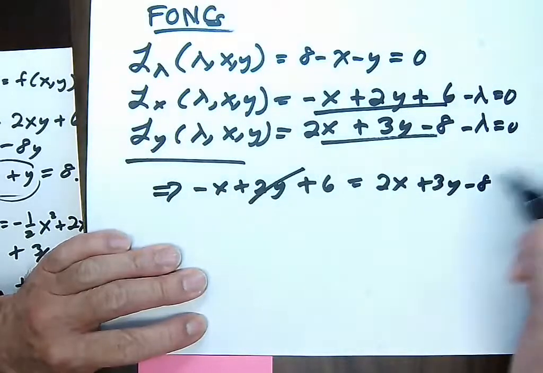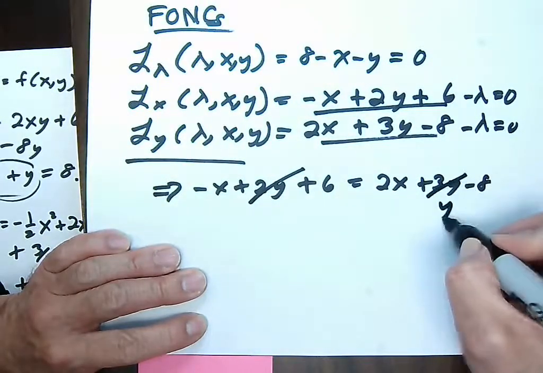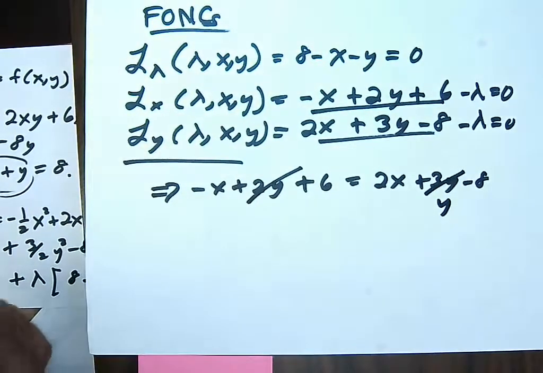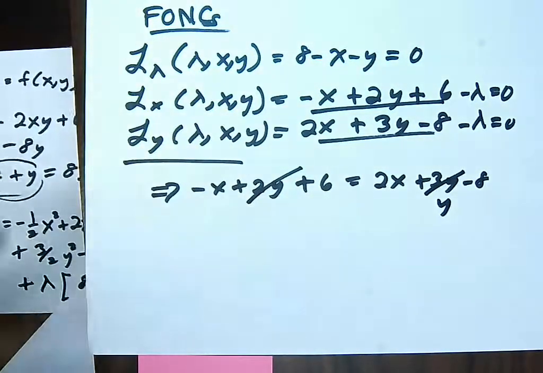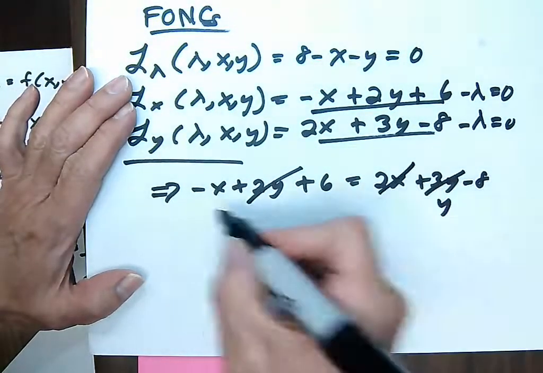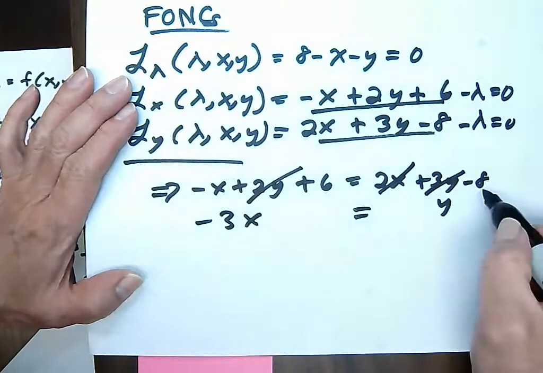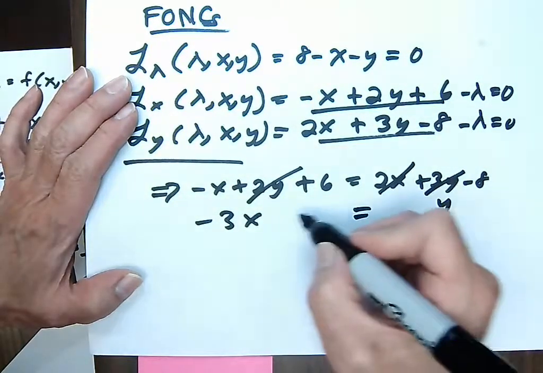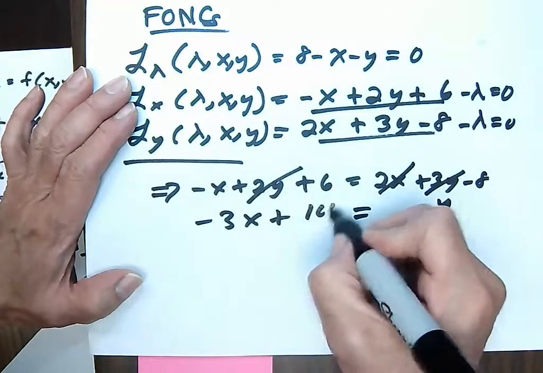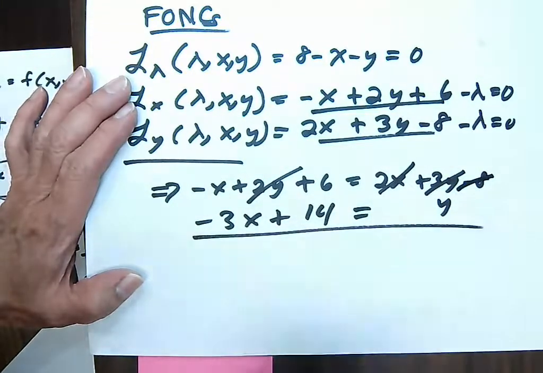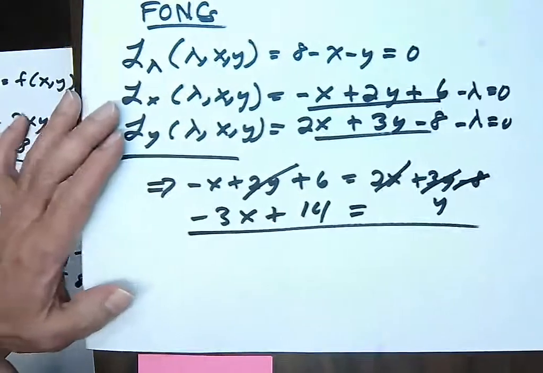So we'll subtract 2y from the right side, and we're left with a y over here. And then I want to move all the x terms over to the left. So let's subtract 2x from both sides. So this becomes a minus 3x over here. And let's add 8 to both sides. So we get a plus 14 over here. And this is the equation we're left with.